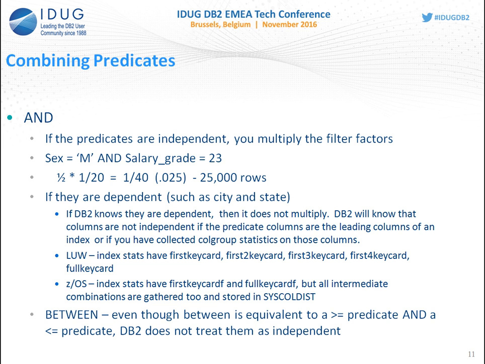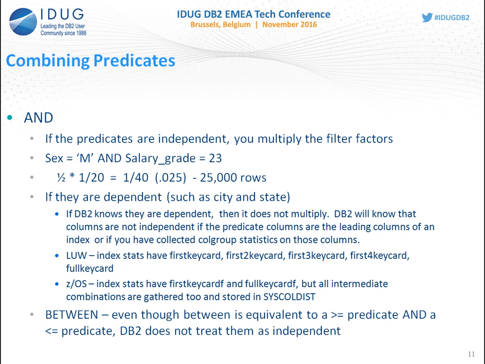On LUW, the index stats in syscat.indexes have columns for the first key cardinality, the first two key card, 3 card, 4 card, and the full key cardinality. On z/OS in SYSIBM.INDEXES, we only have first key card F and full key card F, but all the intermediate combinations are also collected by RUNSTATS, and they're stored in SYSCOLDIST.